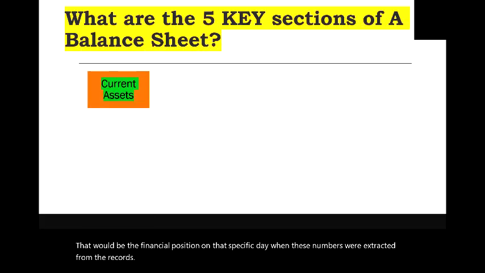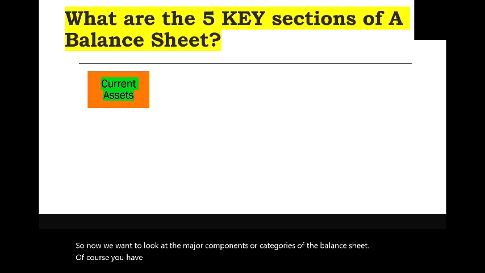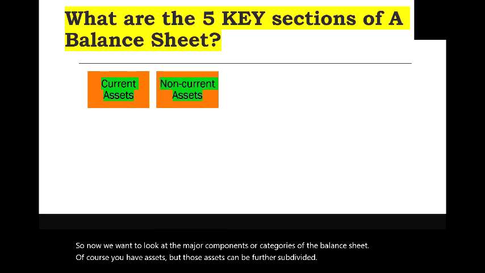So now we want to look at the major components or categories of the balance sheet. Of course, you have assets, but those assets can be further subdivided into current assets and non-current assets.